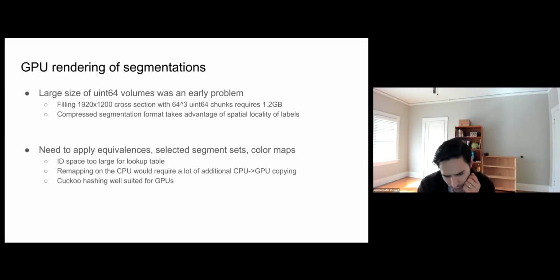One very simple and common strategy for doing some sort of mapping like this on a GPU would be to just use a lookup table.